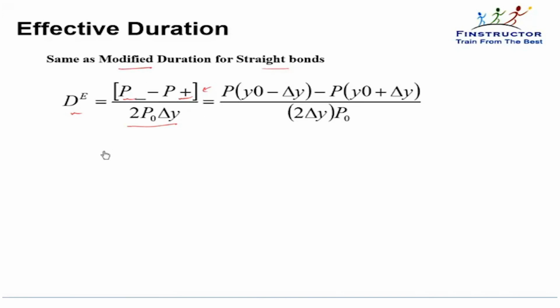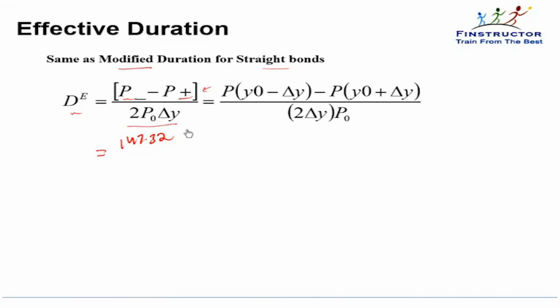So when the yields fell, what did the price of the bond become in our example? 147.32 approximately, when yields fell by 5%.